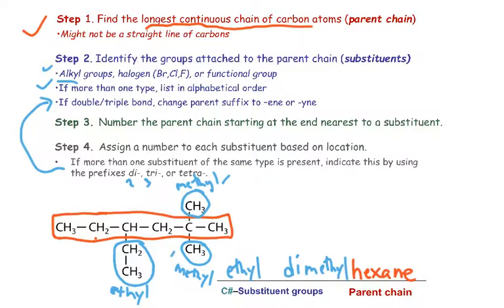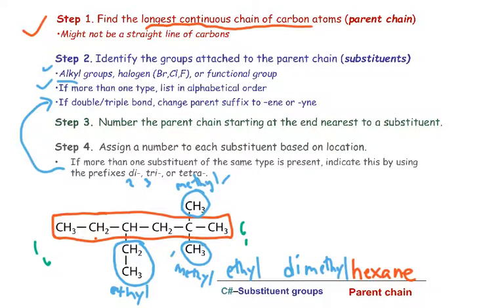All right, now the only thing we need to add is basically an address. If we think of the parent chain as sort of the street, each of the substituents has a different house number or street number. And so what we need to do is label the carbons in the parent chain so we can give each of those substituents an address. Now, you can start labeling it left to right or right to left.